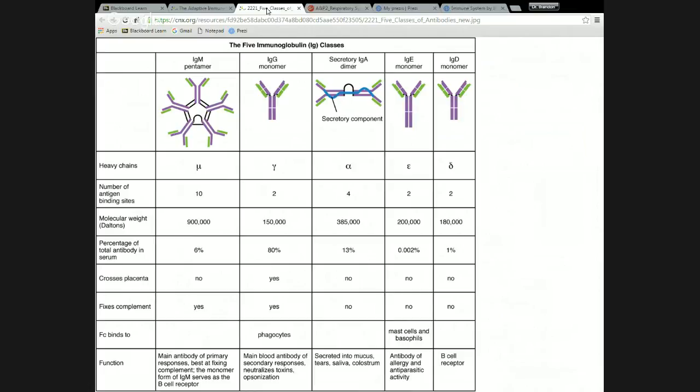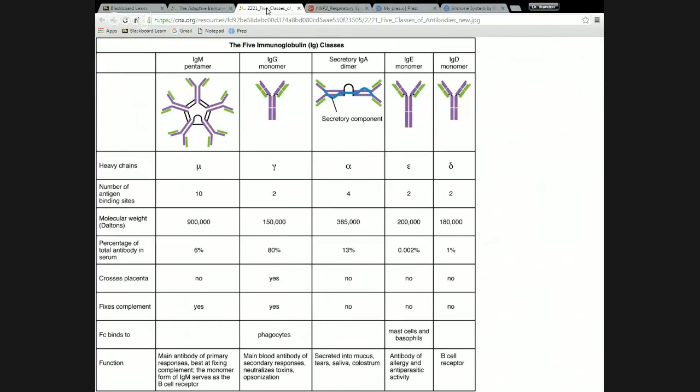We're going to talk about IgMs in a second, because they're also part of a kind of non-specific antibody response that we'll get to. And then the last two over here are the least common, IgDs at 1% and IgEs at 0.02 of a percent.